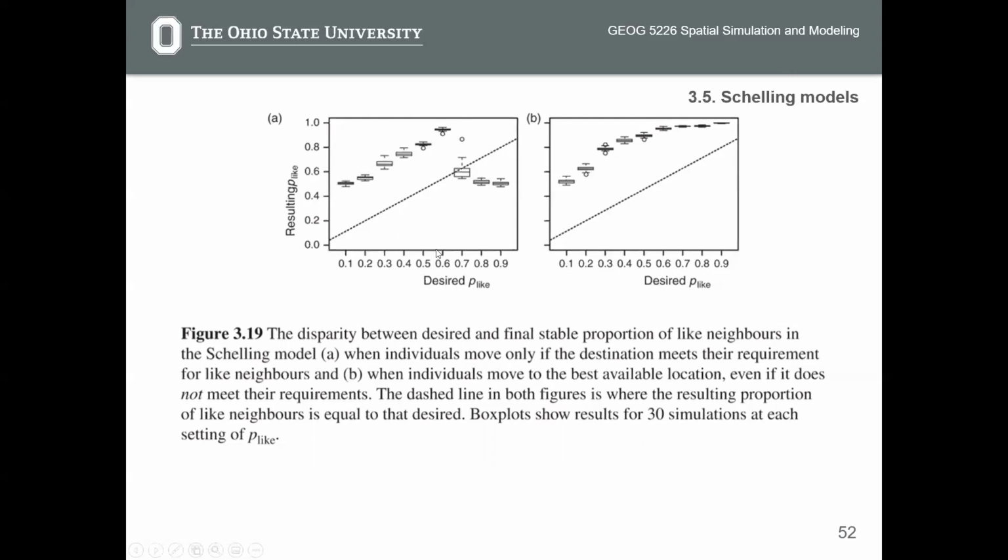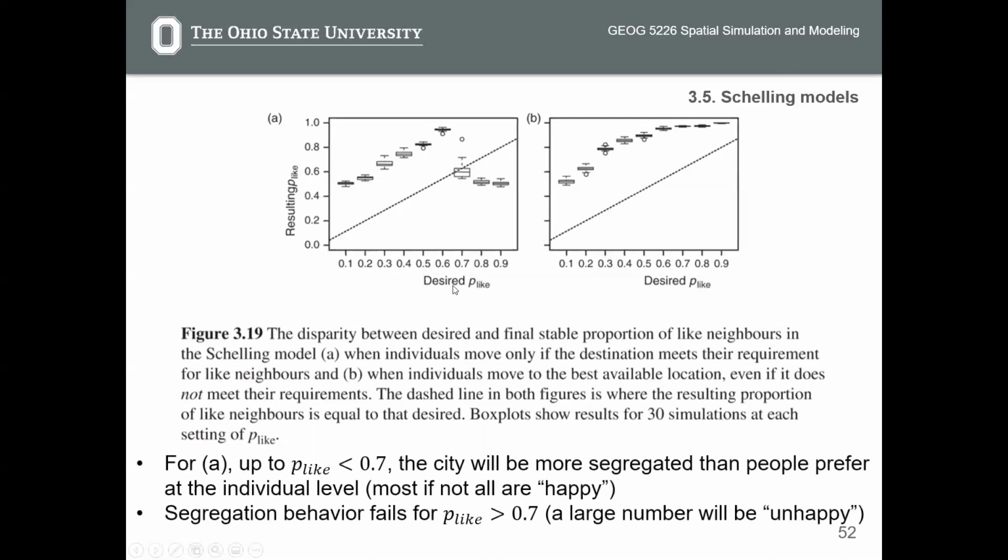You can see that when the desired p-like is smaller than 0.7, eventually all individuals are satisfied with their environment, as long as your desired p-like is not too high.